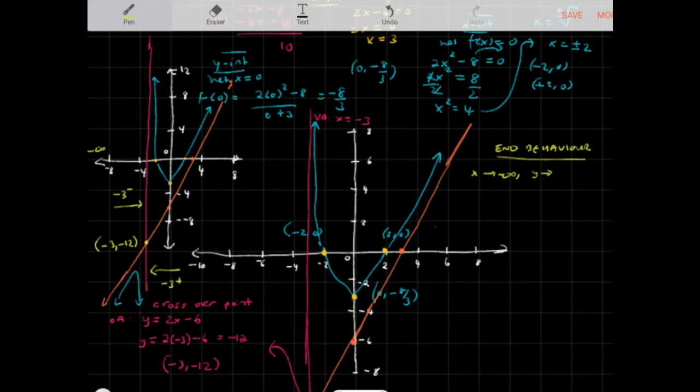As x approaches -infinity, and as we go this way, y is going all the way to -infinity. Okay, so y is approaching -infinity. As x approaches the vertical asymptote from the left side, as we go this way, y is approaching, you can notice that it also goes to -infinity.